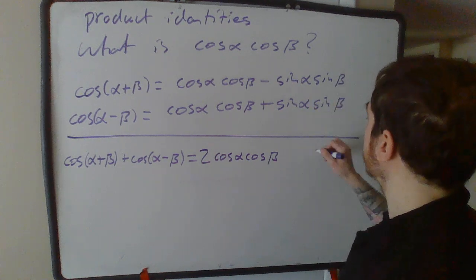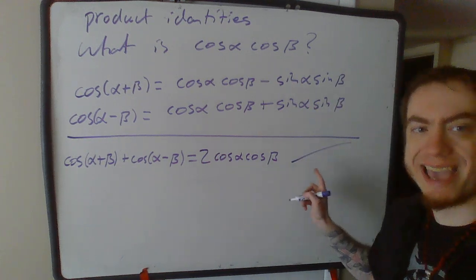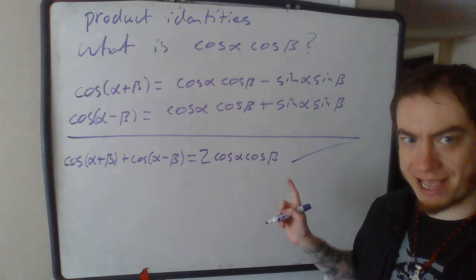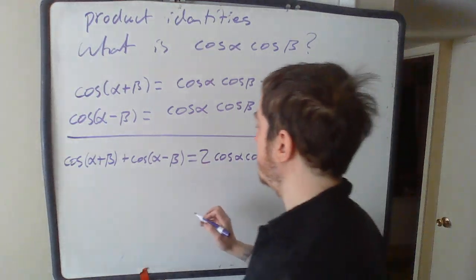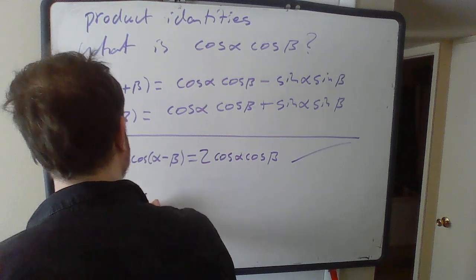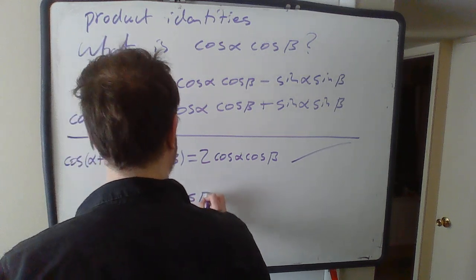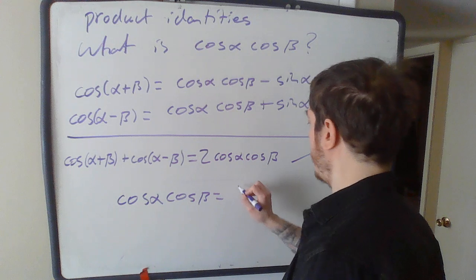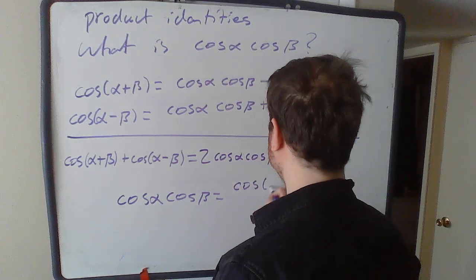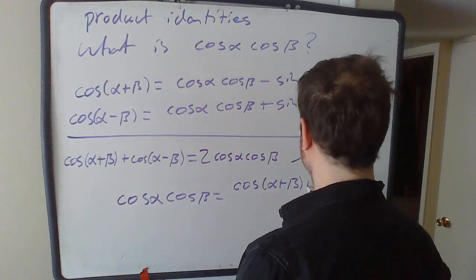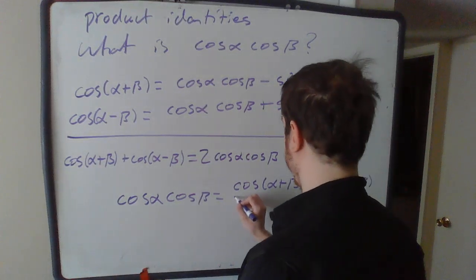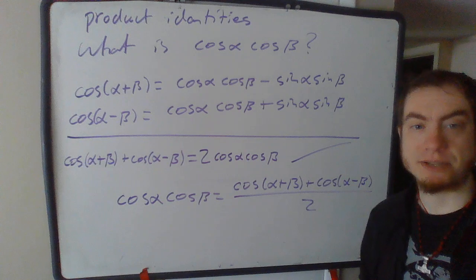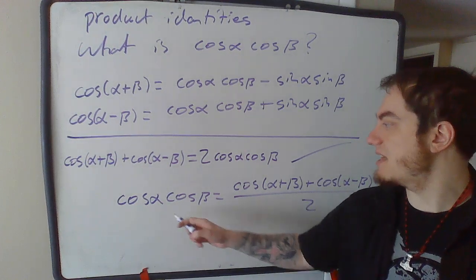So these two terms cancel each other out, and I don't get anything. I just get 0 for that last term. And now, if I divide both sides by 2, I see that cosine alpha times cosine beta is equal to cosine of alpha plus beta plus cosine of alpha minus beta, all divided by 2. It's a neat little trick to get this identity.